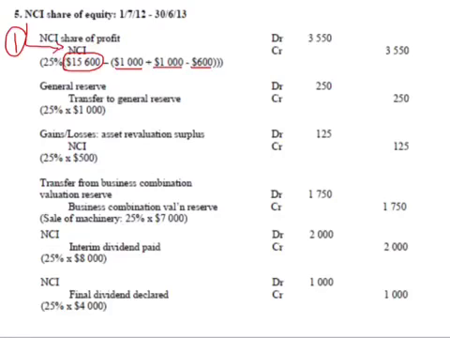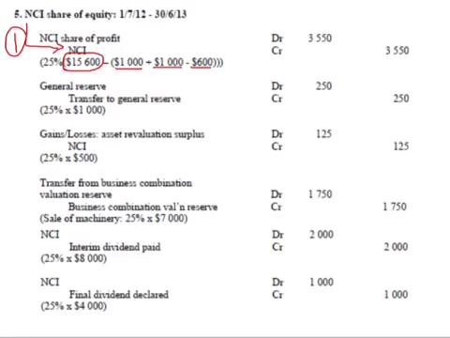So that is disclosed separately in the equity of the group. So we'll see a line item in the statement of changes in equity and in the statement of financial position in the consolidated financials of the group, which states NCI.